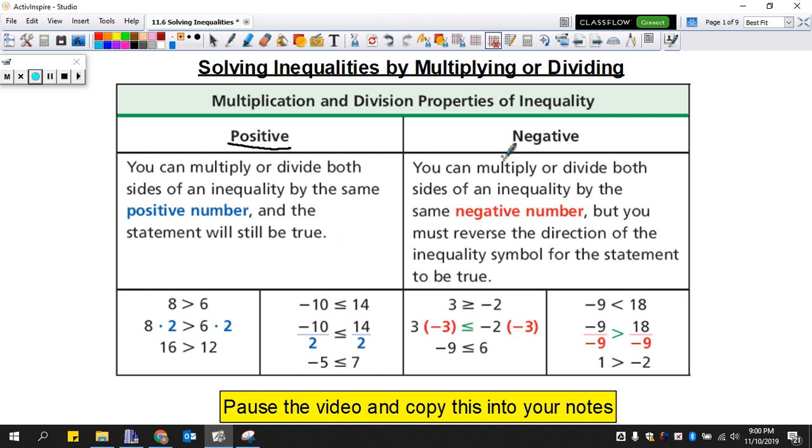Here's the difference in solving inequalities: if you are multiplying or dividing by a negative number, you can multiply or divide both sides by it, but you have to reverse the direction of the inequality symbol for the statement to remain true. So a greater than or equal to sign becomes a less than or equal to sign, or a less than sign becomes a greater than sign, and so on.